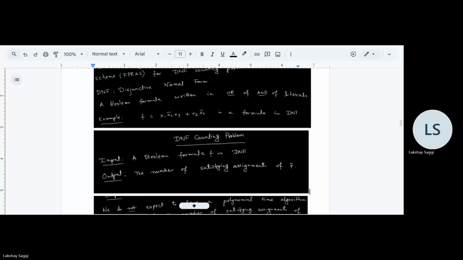So if we know what DNF is, then what is this DNF counting problem, for which it was discussed in lectures how to design an FPRAS? The DNF counting problem is essentially: suppose one is given a Boolean formula f in its DNF form as input, and as output, one has to output the number of satisfying assignments of f.